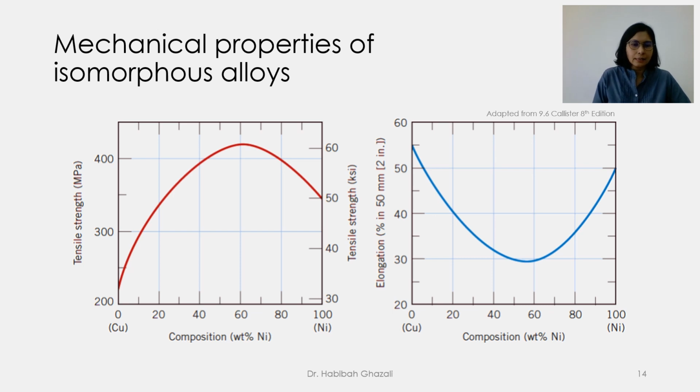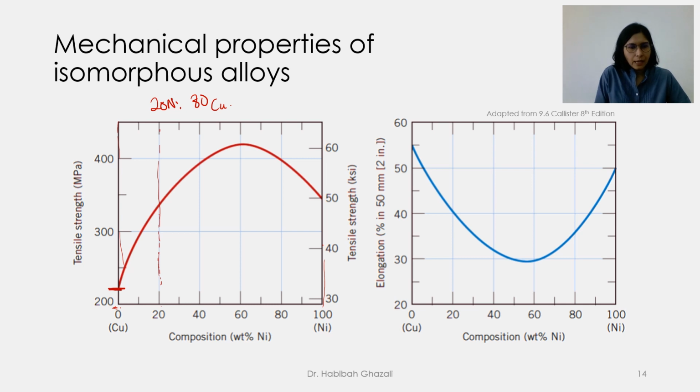If you look at the plot of composition versus tensile strength, let's say, for example, we have this alloy with this composition here. This alloy consists of 20% nickel and 80% copper. This line represents 100% copper, and this represents 100% nickel.